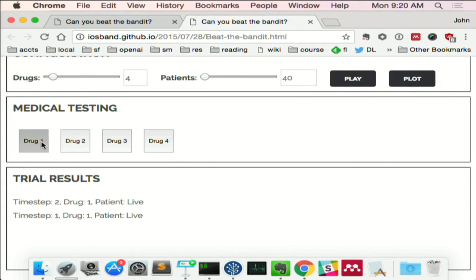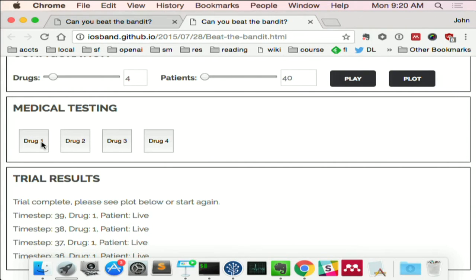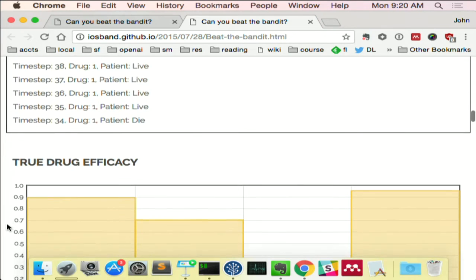Okay, that's one strategy. Okay, let's see what happens. I'll go with it. He died once. Pretty good. So the best exploration algorithm is... Problem solved.